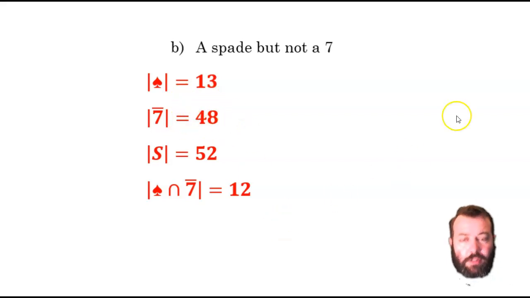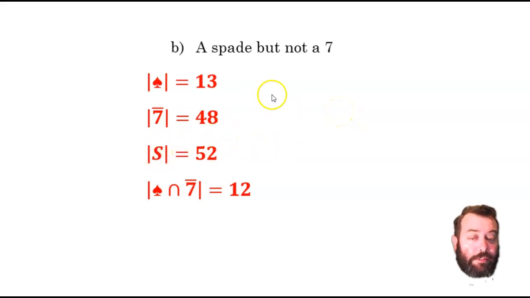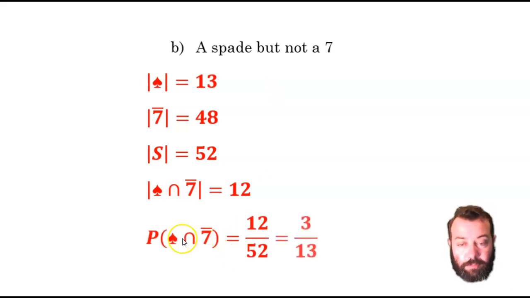A quarter of 48 is 12. Either way, we can arrive at that figure. So the size of the intersection of spades and not 7s is 12. The size of our sample space is 52. So the probability of drawing a spade but not a 7 is 12 on 52, which is 3 over 13.